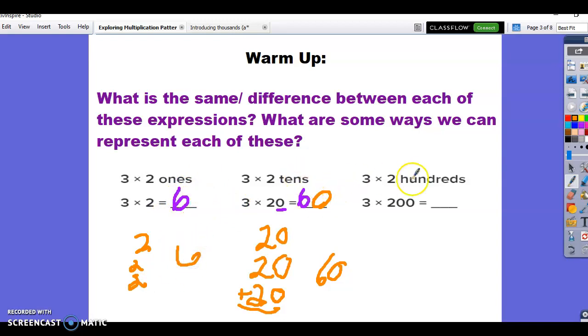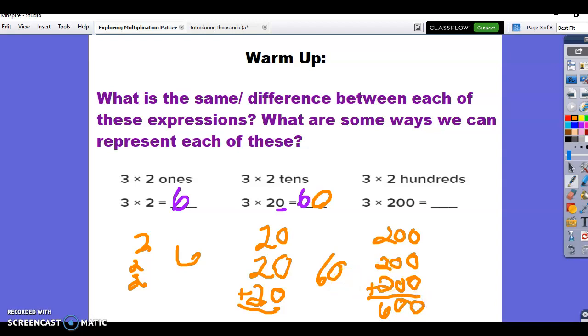Basic. Now with this last one, since we just did the tens, what would we do for the 200s? We have 3 sets of 200. So I have 200, another set of 200, and another set of 200, which is your repeated addition. When you add them up, you get 600.